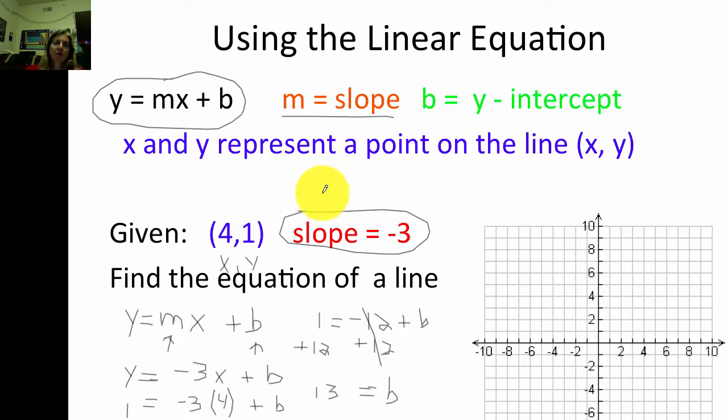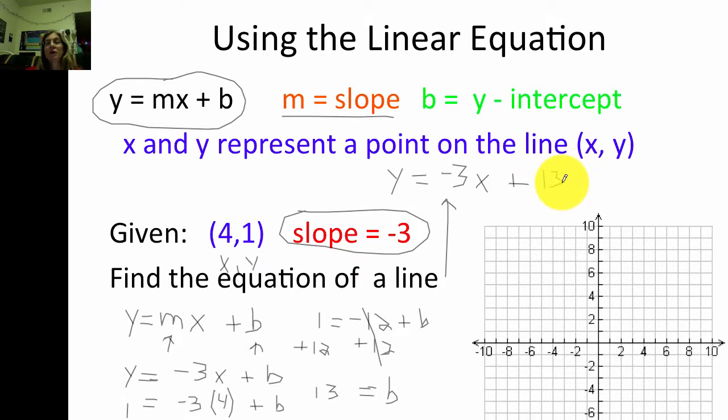So what we have for the equation of our line, let's put it up here, is y. Remember, we don't put any values in for y. We leave it as y. M, which is -3, and that was just given to us. X, that remains blank. Plus, now we have a value for b, which is 13. And remember what that means.